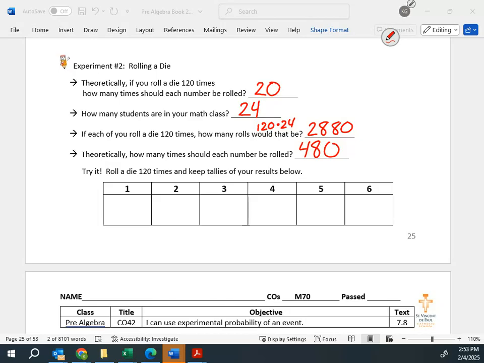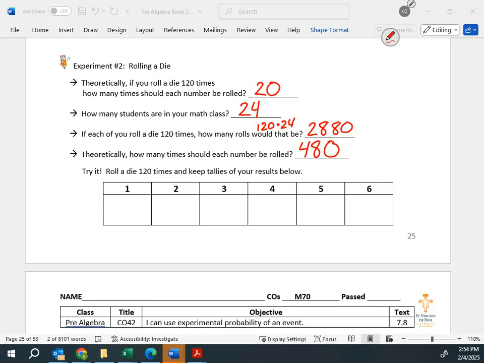So if we have 24 people rolling the die, and we have 2,880 rolls, each number, the 1 would be rolled 480 by our class. The 2s would be rolled 480 times by the whole class. Thank goodness we don't have to roll our dice that many times. That would take forever. So theoretically, this is what should happen.